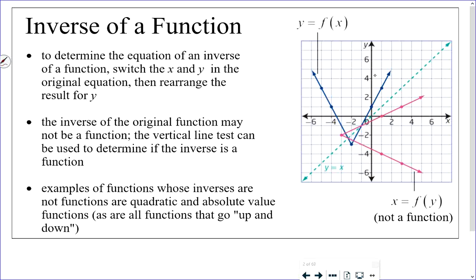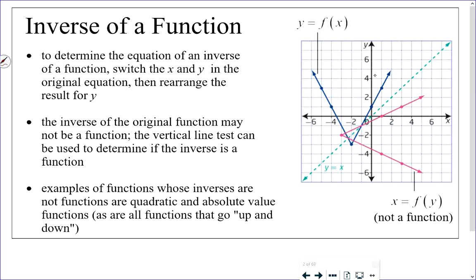In order to decide if the inverse of a function is a function itself, what I mean by that is, in order to decide if the pink graph happens to be a function, because when you take the inverse of a function, it may or may not give you a function, you use the vertical line test.